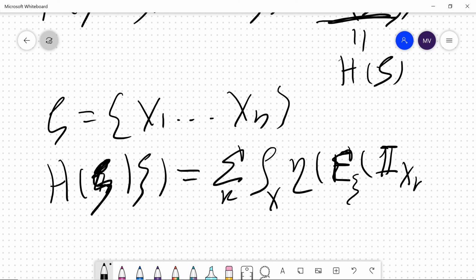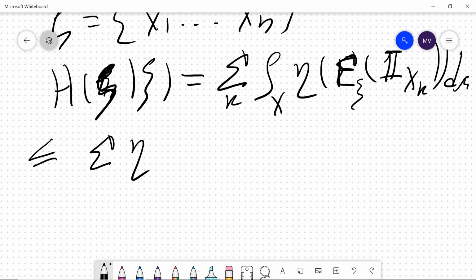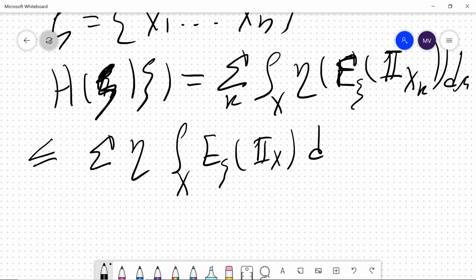And from the fact that our function is strictly concave, we can change eta and the integral, and have the following sum, which is exactly, it is easy to see, just a sum of the measures of each xk.